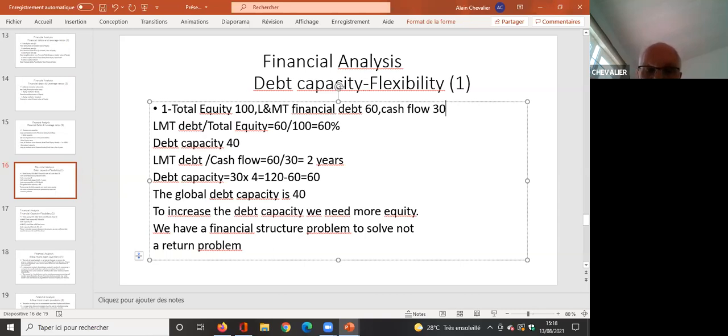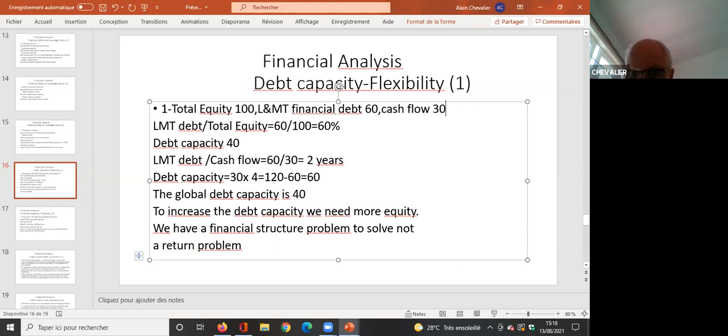What will happen? My total equity will move from 100 to 120. And my ratio will be improved. Of course, it will be 60 over 120, which is equal to 50%.